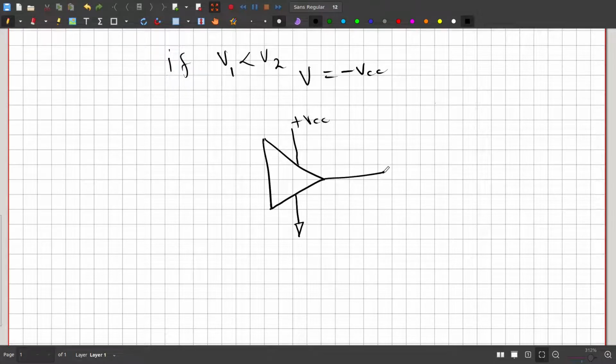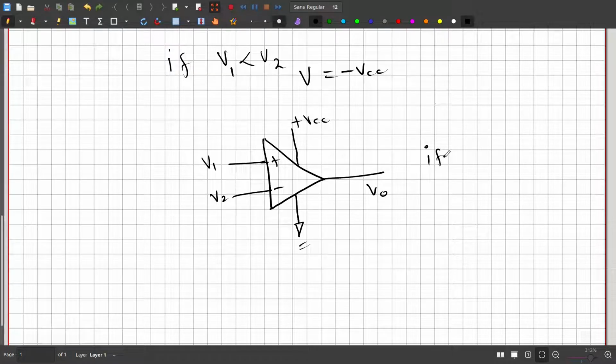So this is our output, this is plus, this is minus. We have V1 and V2. In this case, if V1 is greater than V2, that is, this one is high, so it saturates to the higher voltage, therefore Vout will be plus VCC.